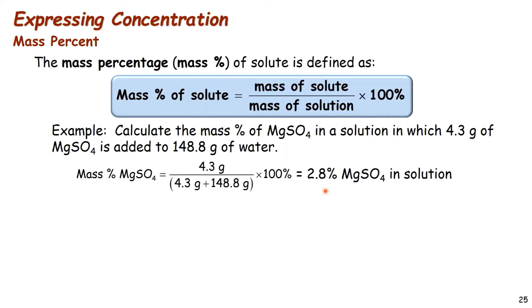Okay. Now, we generally deal with some very, very dilute solutions. So for example, if you had a 2.8% arsenic-containing solution and you drank it, you would die very quickly. Okay. So there's allowable levels of, for example, arsenic in your drinking water.